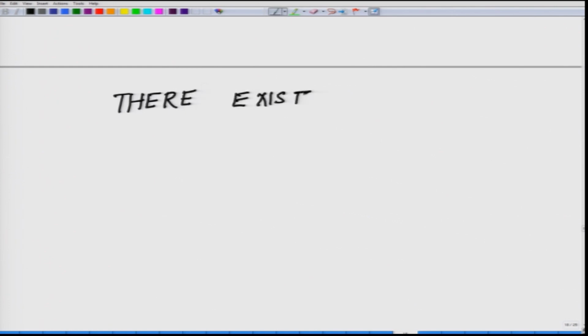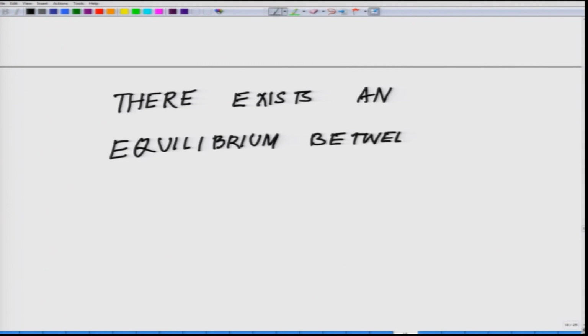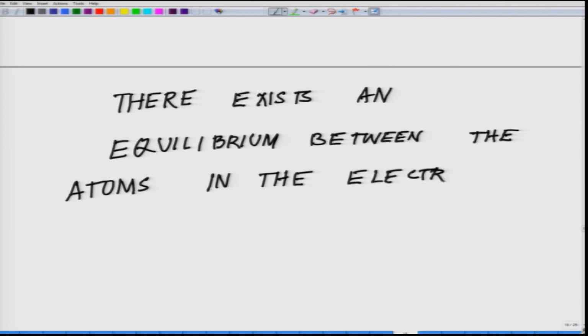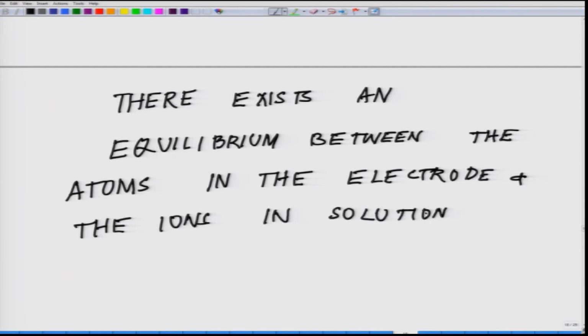There exists an equilibrium between the atoms in the electrode, which is the solid part, and the ions in solution.